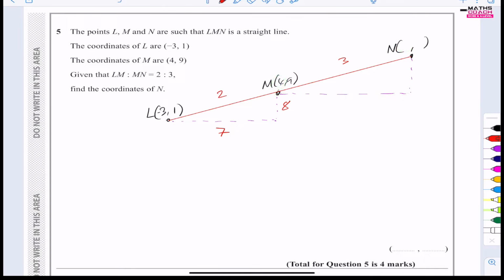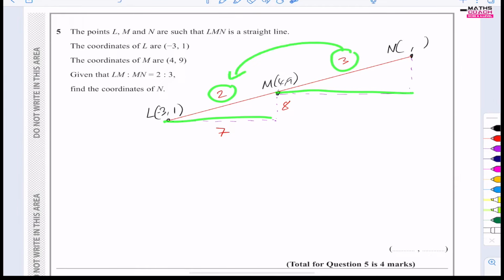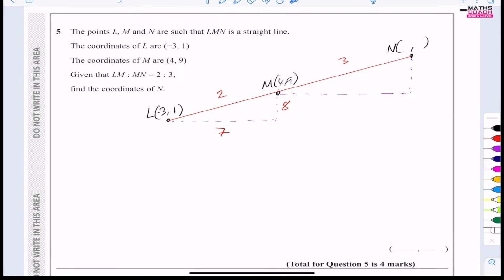So I can use the following. From here to here we know is 7, and that is worth 2 parts. From here to here is going to be an unknown, but we know that it's 3 out of those 2 parts. So I can do 7 times 3 over 2, and that gives me 10.5.